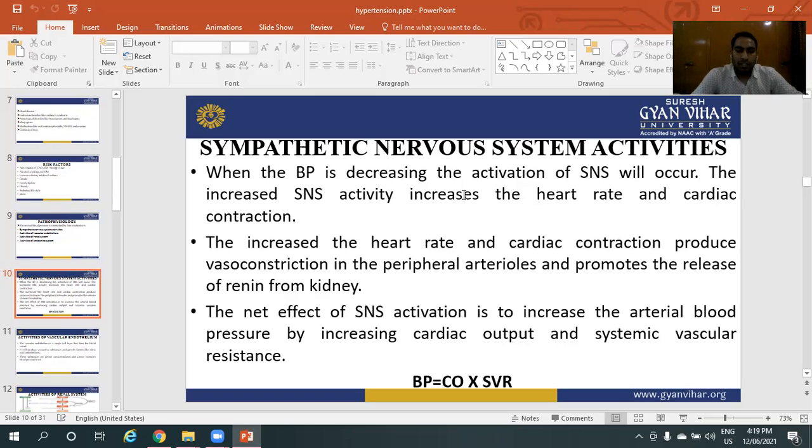The net effect of sympathetic nervous system activation is an increase in arterial blood pressure by increasing cardiac output and systemic vascular resistance.